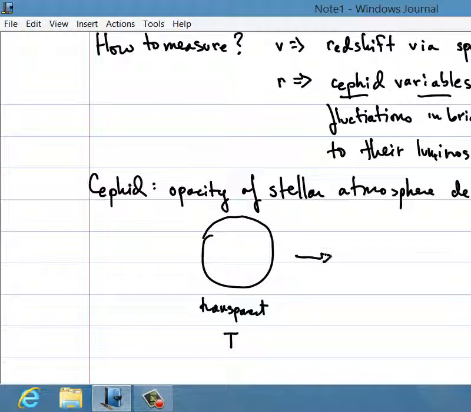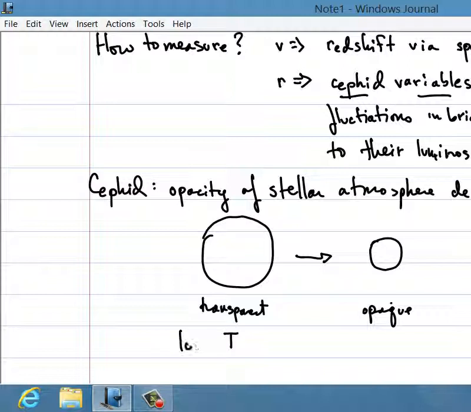And as it radiates away its energy, it'll cool down, okay? And as it cools down, it will become more opaque, and because it's becoming more opaque, it'll decrease in size. Or sorry, as it becomes more opaque and smaller, the temperature is then going to increase because it's more stuff compressed into a smaller area.